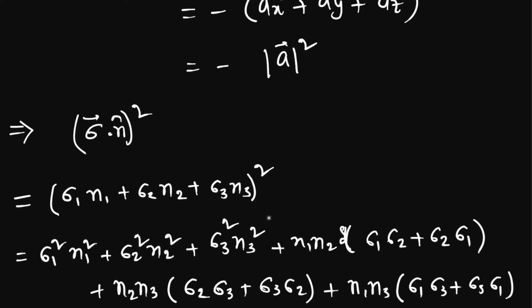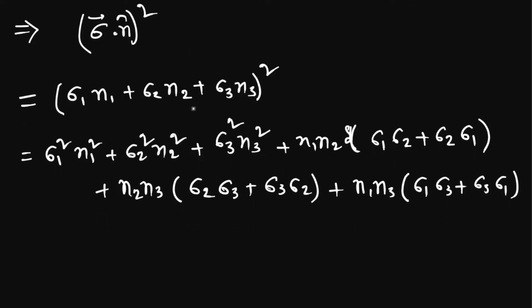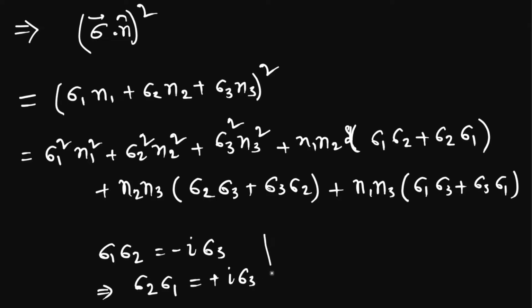Now, as we saw in our previous question, sigma 1 into sigma 2 is equal to minus i sigma 3, and sigma 2 into sigma 1 will be plus i sigma 3, and so on.